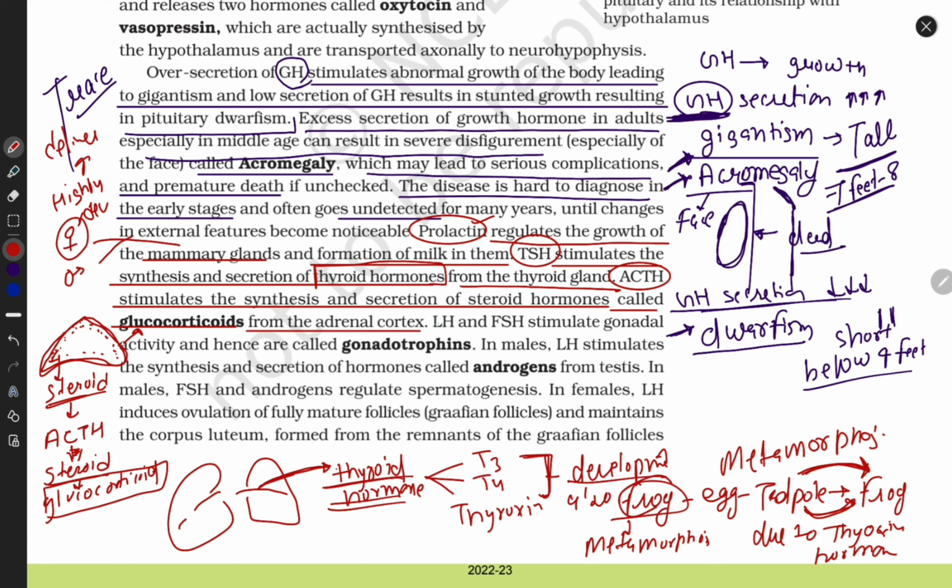Our next hormone is luteinizing hormone, LH, and the other one is FSH, follicle stimulating hormone. These hormones are responsible for gonadal development. Gonads mean male and female reproductive organs. I repeat, males have penis, prostate gland, testes, vas deferens, epididymis.